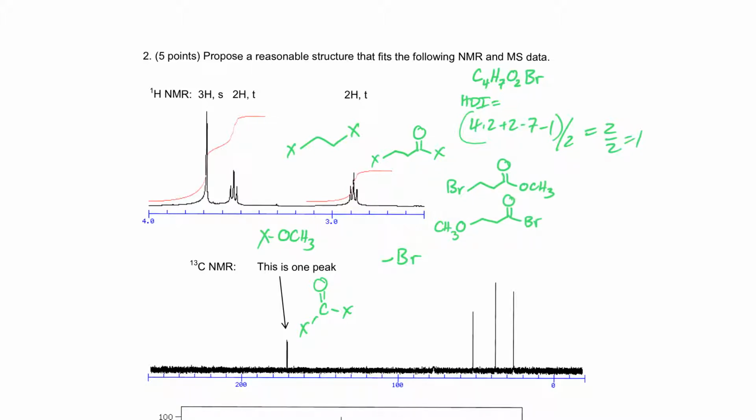And in this case, we really don't have enough information to argue against either of these or support one over the other. I can tell you, though, that it's much more likely that it is this structure. And that's because the bromine attached to a carbonyl would be called a carboxylic acid bromide.